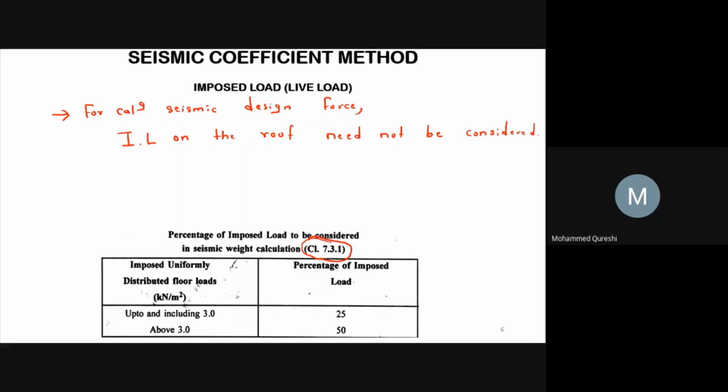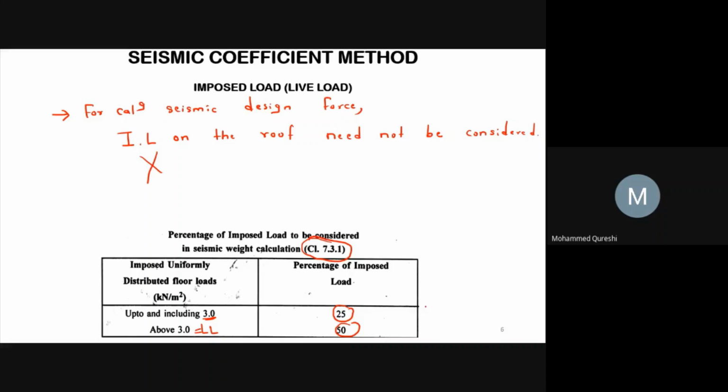For calculating the seismic design forces for any type of structure, the imposed load on the roof shall not be considered. And the percentage of imposed load should be 25 for loads up to and including 3 kilonewton per meter square, and for live load above 3 kilonewton per meter square, the percentage of imposed load should be increased up to 50%.